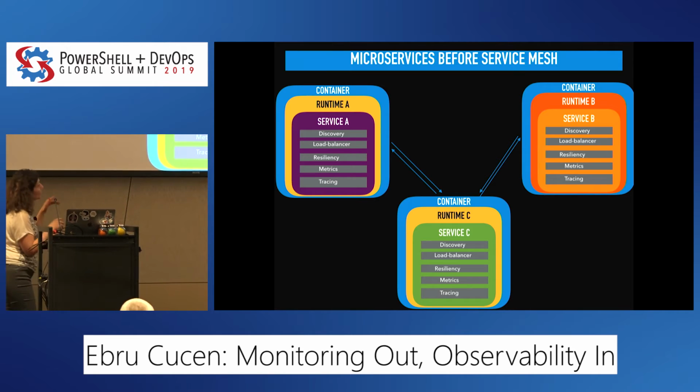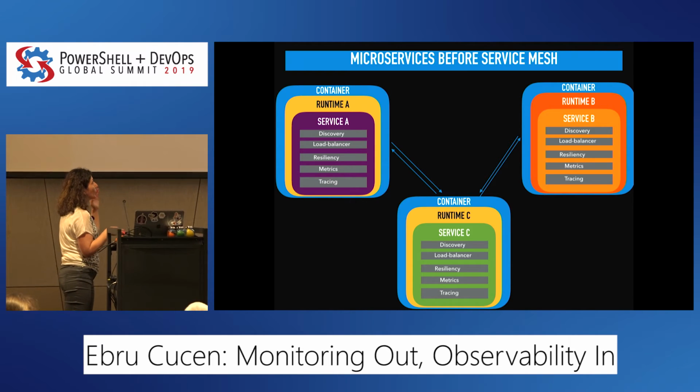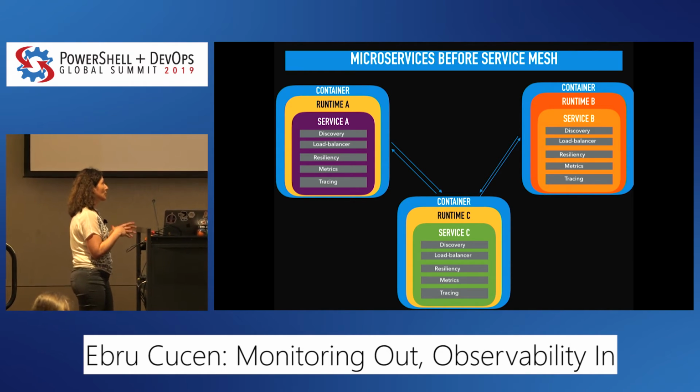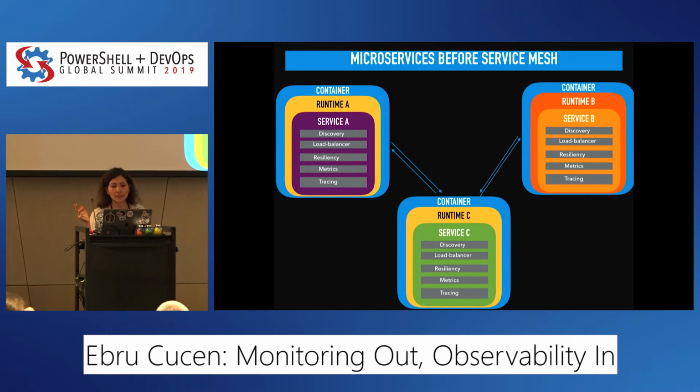But this is the kind of microservices I tried to show before the sidecar. Each service itself was responsible for discovery, load balancing, resiliency, what metrics I'm going to send out, and what my tracing is going to be. But it wasn't enough, as we say. If one of them fails, you lose track of communication.